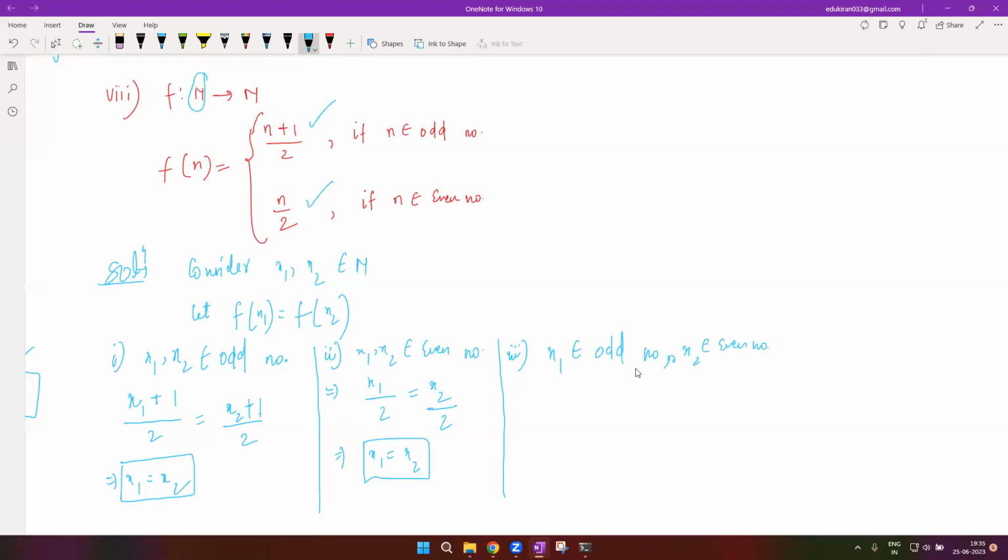Now if x1 is an odd number, the value of f(x1) is (x1 plus 1) by 2. The value of f(x2), because x2 is an even number, is this.